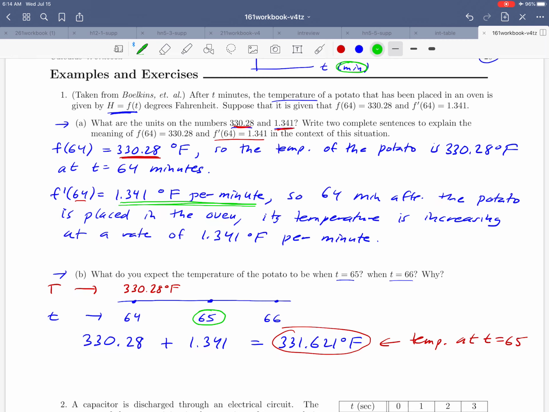Well, what about at t equals 66? Now we've moved 2 minutes forward in time from t equals 64, so we would expect double the temperature increase. So we're going to take this 1.341 and just double it. We'll get 330.28 plus 2 times 1.341, and that's going to give us 332.962 degrees Fahrenheit.